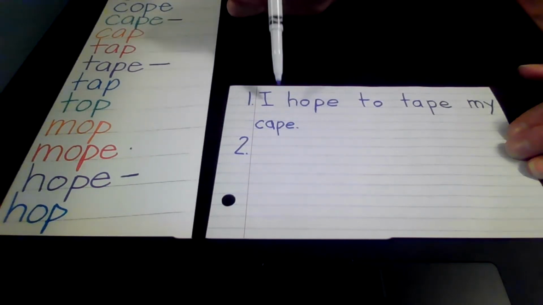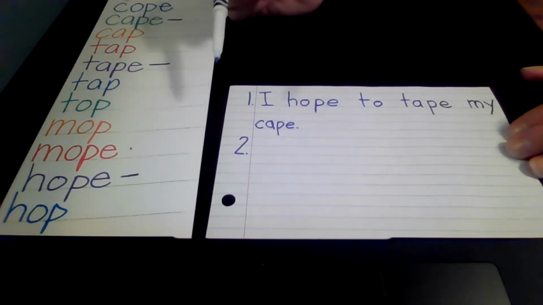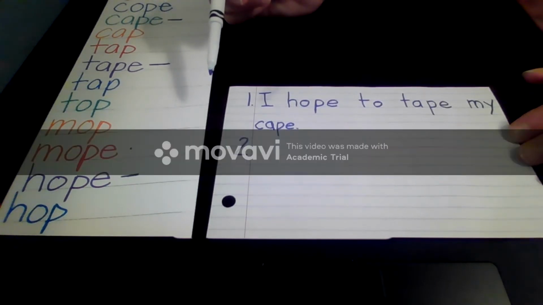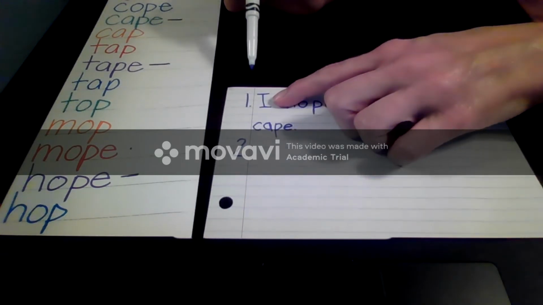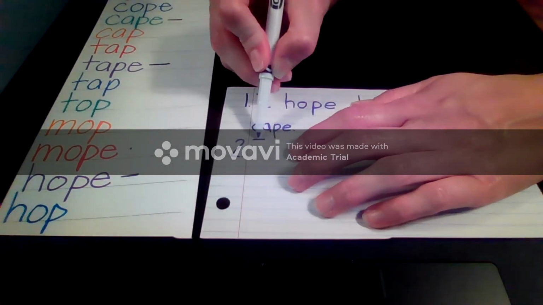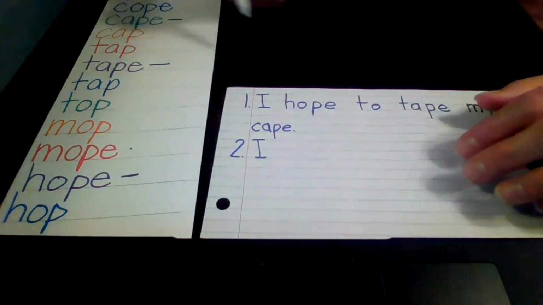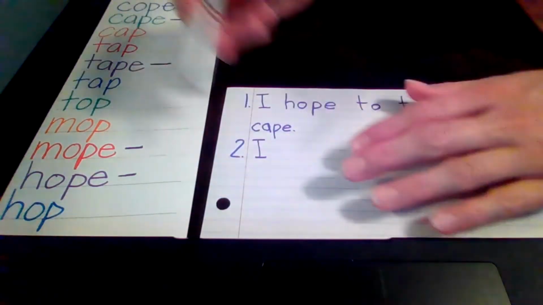for swag. All right, so our next sentence is, I mope if I drop my cone. All right, so let's start with I. Same way we did up here because it's just the word I, so it's a capital. I, finger space, mope. Mope is right there.